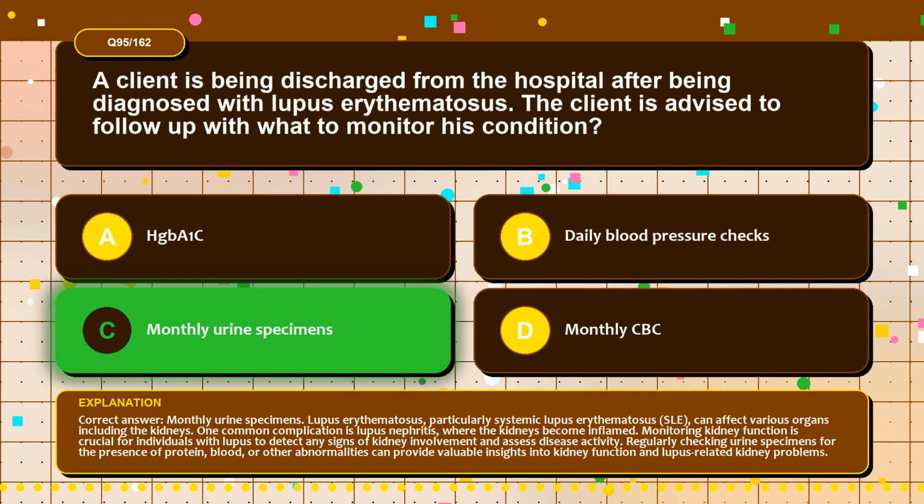Monitoring kidney function is crucial for individuals with lupus to detect any signs of kidney involvement and assess disease activity. Regularly checking urine specimens for the presence of protein, blood, or other abnormalities can provide valuable insights into kidney function and lupus-related kidney problems.